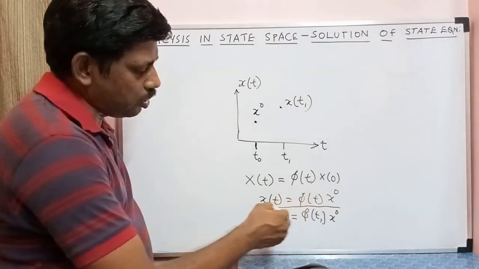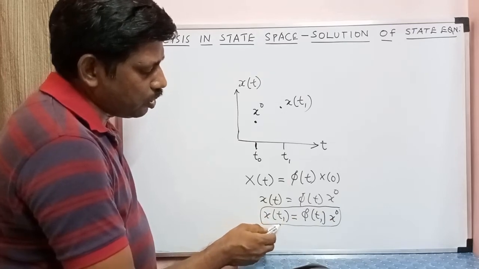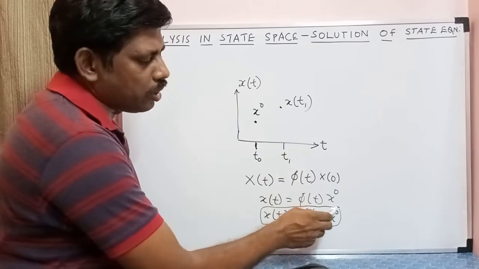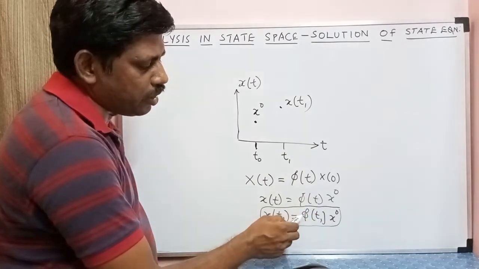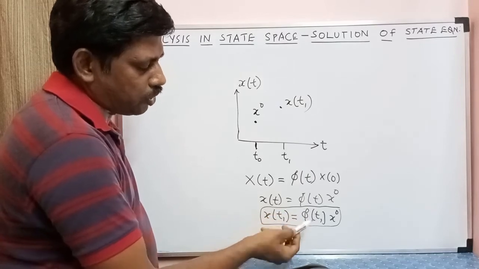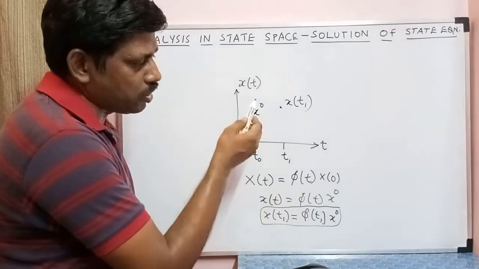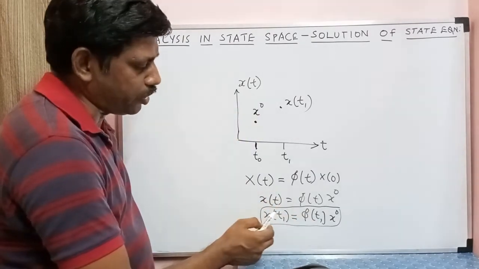Please see this equation. To get the value of the state variable at t1, what I am doing is I am just multiplying the initial value x0 by a matrix phi of t1. Since it is a first order system, it is going to be of the order 1 cross 1.